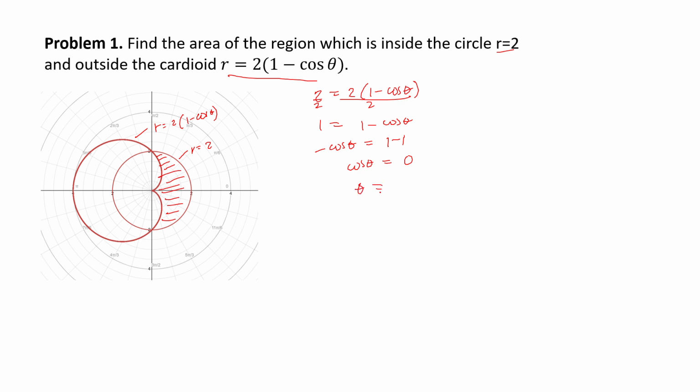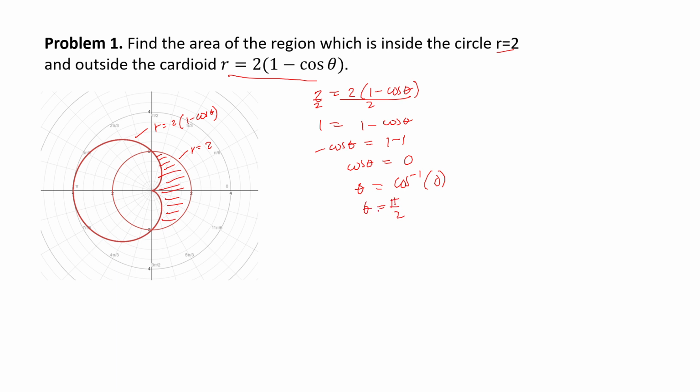So what is the value for our theta? The inverse cosine of 0 is equal to pi over 2. Theta is equal to pi over 2.